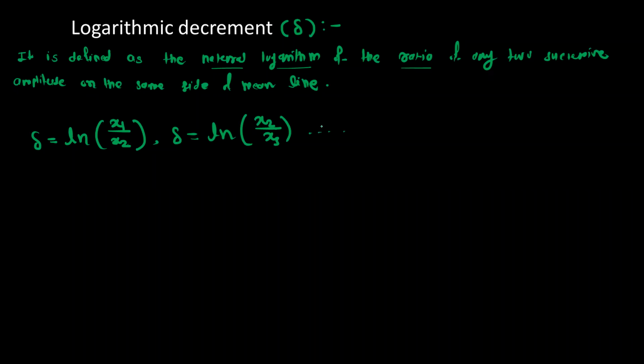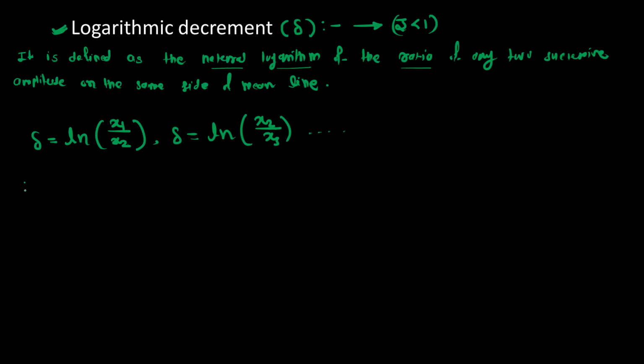We can write this equation for any two successive amplitudes on the same side of the mean line. And this logarithmic decrement is only defined for the underdamped system, because the underdamped system is the oscillatory system. So this is only for systems having zeta less than 1.